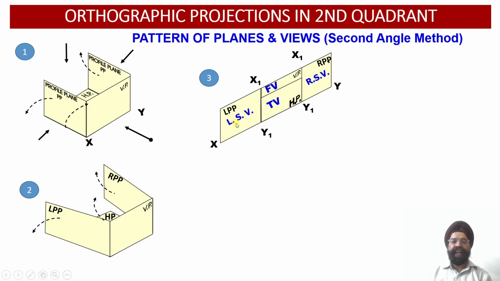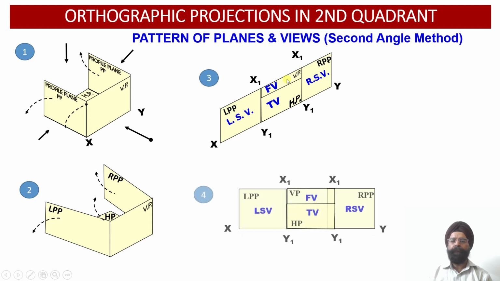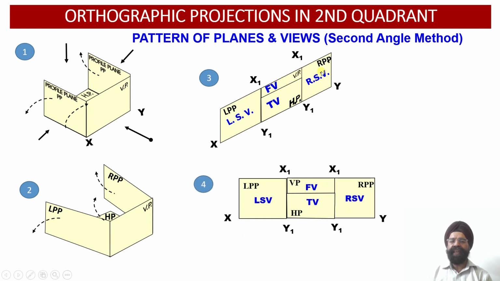The left hand side view projections of the object will be obtained on the left hand side of the front view projections above the XY reference line, and the right hand side view projections of the object will be obtained on the right hand side of the front view projections above the XY reference line. So this way we have been able to obtain the spatial arrangement of all of these planes of projection with respect to the XY reference line.